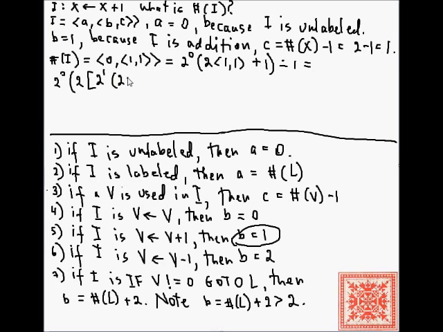It's 2 to the first times (2 times 1 plus 1), and then dot minus 1.